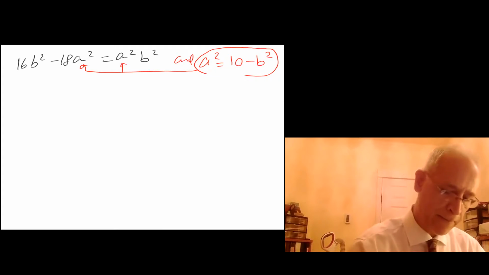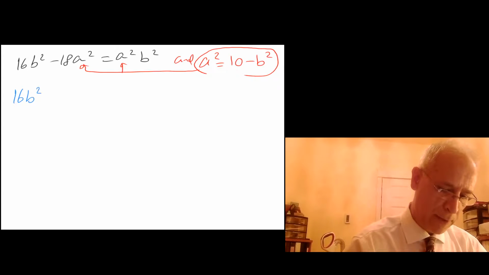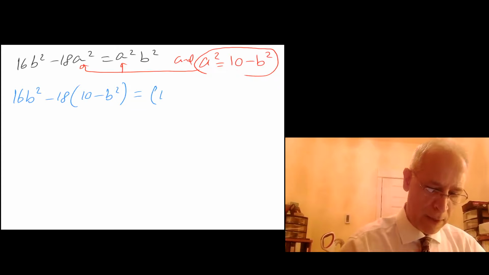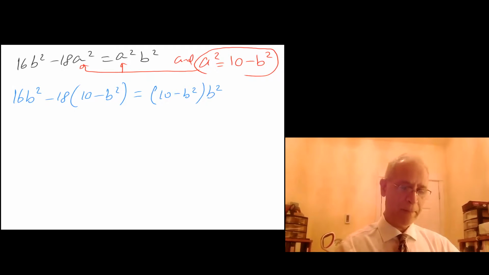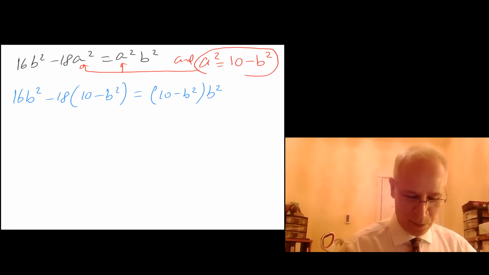I have to be careful. 16b squared minus 18 times 10 minus b squared equals 10 minus b squared times b squared. It seems like it's getting kind of harder.